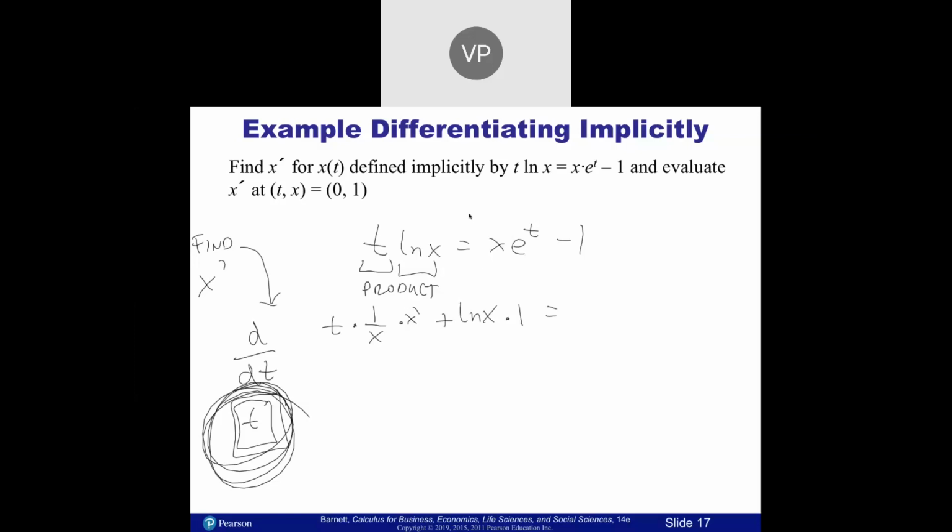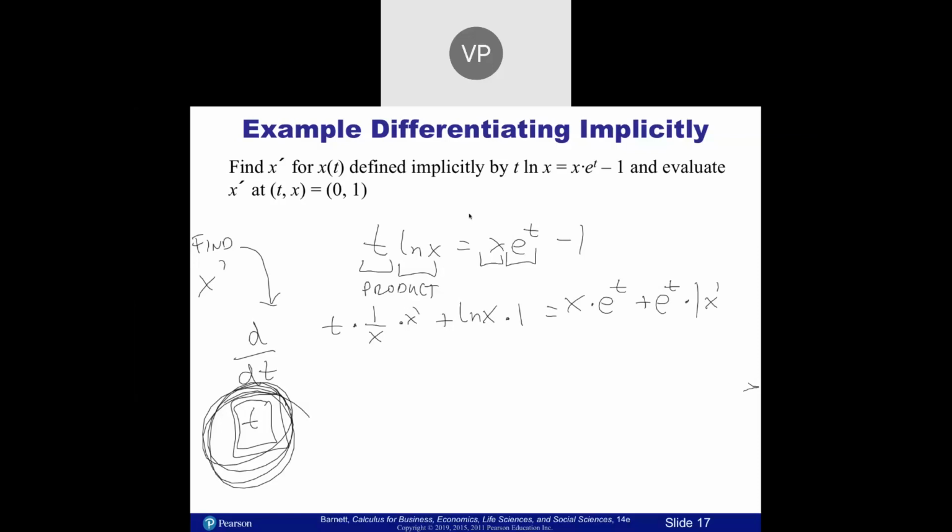Okay, and we're doing the same product rule over here. We take x times the derivative of the second. Notice I did not take the derivative of x. That's why there's no x prime here. But the second half of this is, well, take the e^t times the derivative of the first, which is 1. That is a derivative of x, so I put the little x prime there.